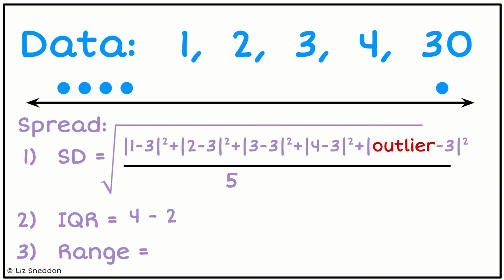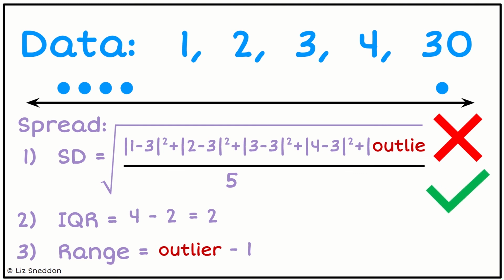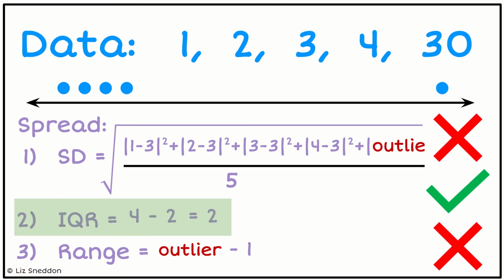My interquartile range, 4 minus 2, is not going to be affected by that value. And my range, outlier, take away 1, is also going to be affected by it. So the standard deviation is affected, the interquartile range is not, and the range is. That tells me that the interquartile range is the most appropriate statistic to use when we're talking about the spread for this set of data.